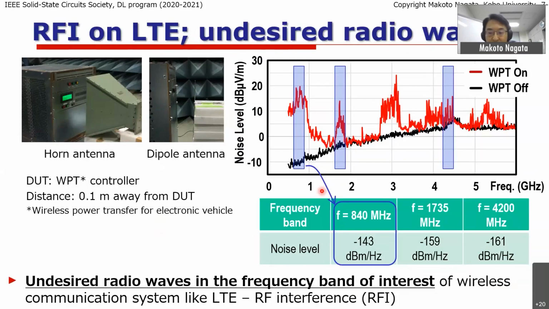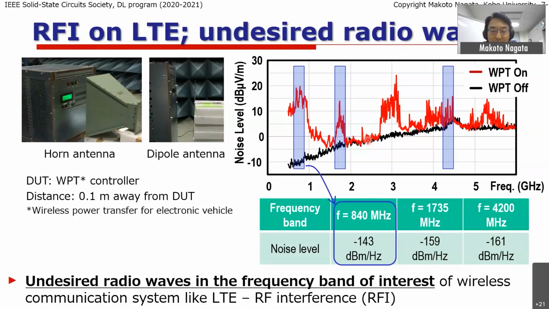In this particular chart, the horizontal axis gives the frequency in the measurements, and the vertical axis gives the noise level measured by a spectrum analyzer, for instance. And what the noises are.